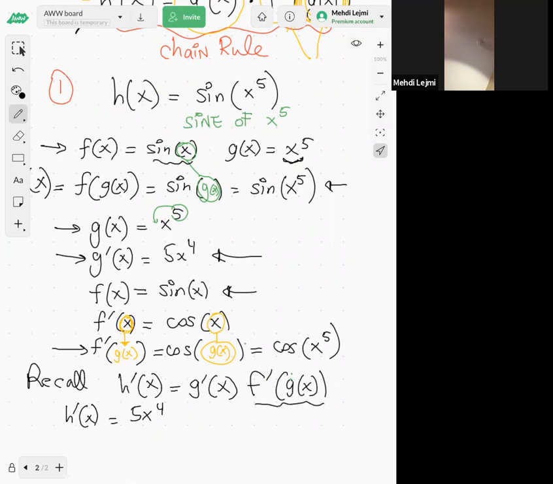So g prime is 5x to the fourth, times f prime of g of x, which is cosine of x to the power 5. All right, so that's the answer. That's the derivative of my function h.